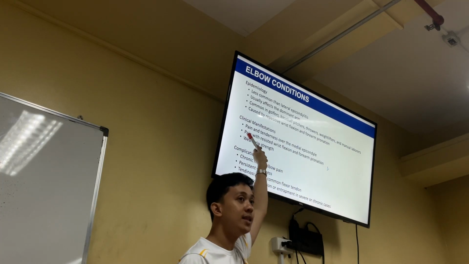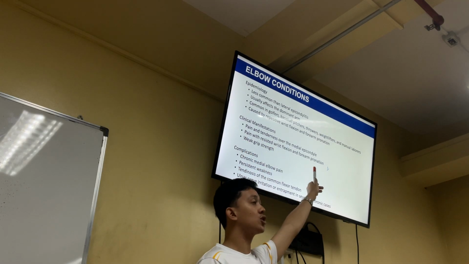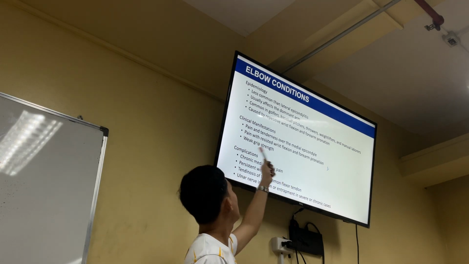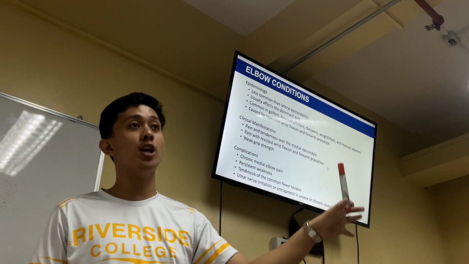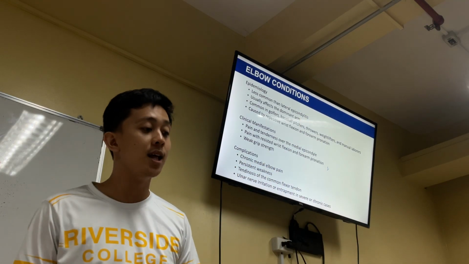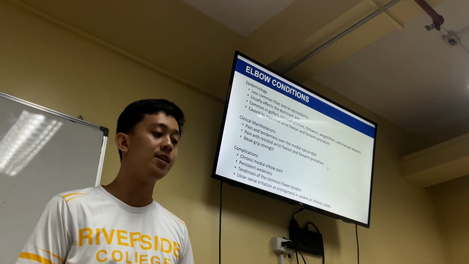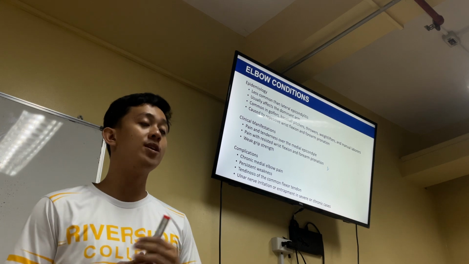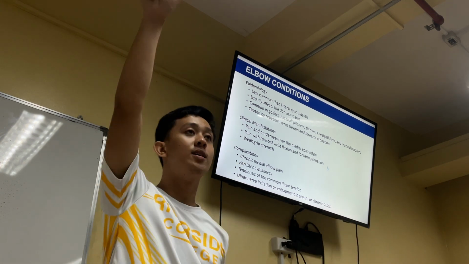Pain and tenderness over the medial epicondyle, pain with resisted wrist flexion and forearm pronation, and decreased grip strength. Complications are the same, chronic, but the location is different, with medial elbow pain, persistent weakness since the muscles are affected, tendinosis of the common flexor tendon, and ulnar nerve irritation or entrapment. It's because it's medially located. Okay?